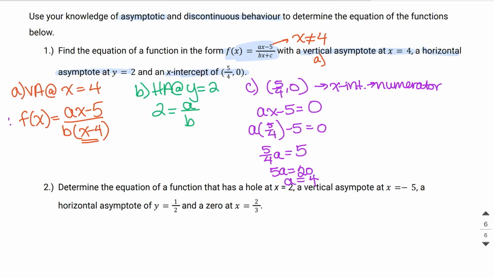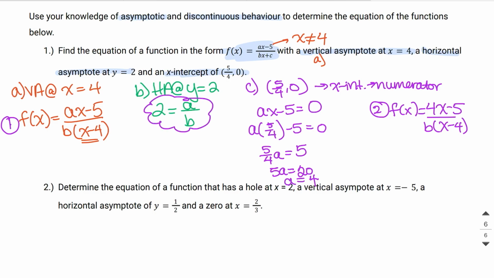So here's our first piece of information that we know for our equation. We now know that f of x is going to have to equal 4x minus 5 all over b times x minus 4. And then lastly, because I know a, I can actually solve for b in this equation right here. A is known, so every time I see an a, I'm going to replace it with 4, and now I can solve for b.